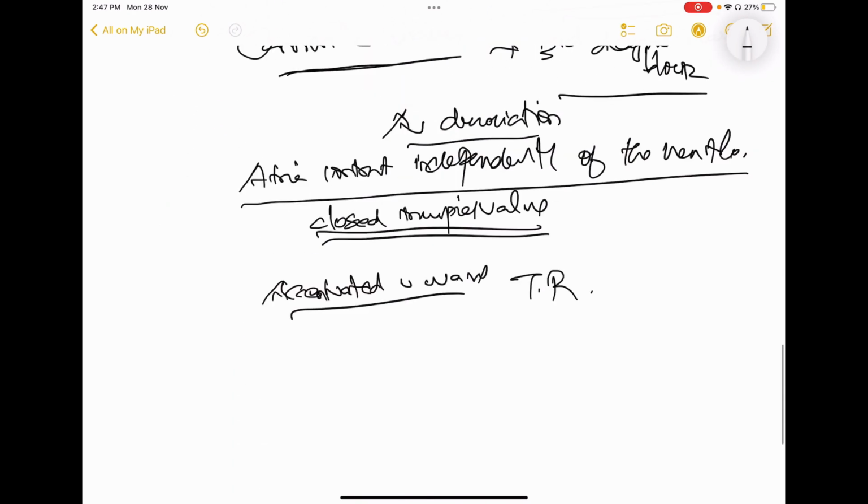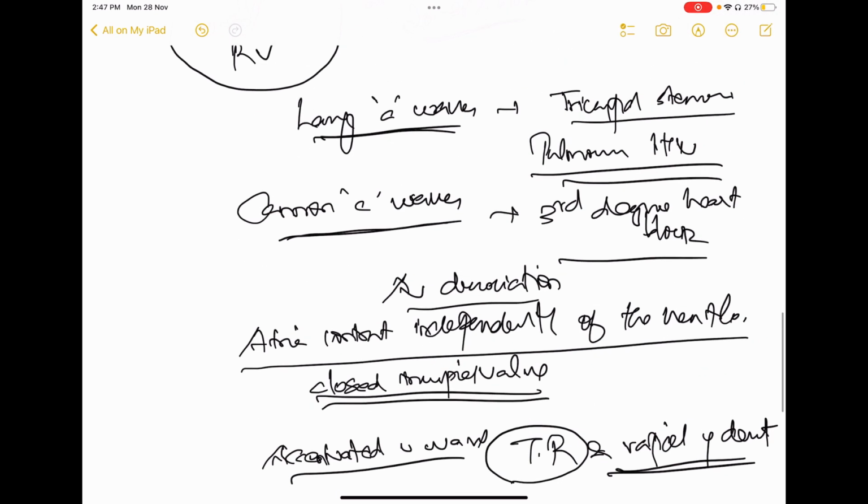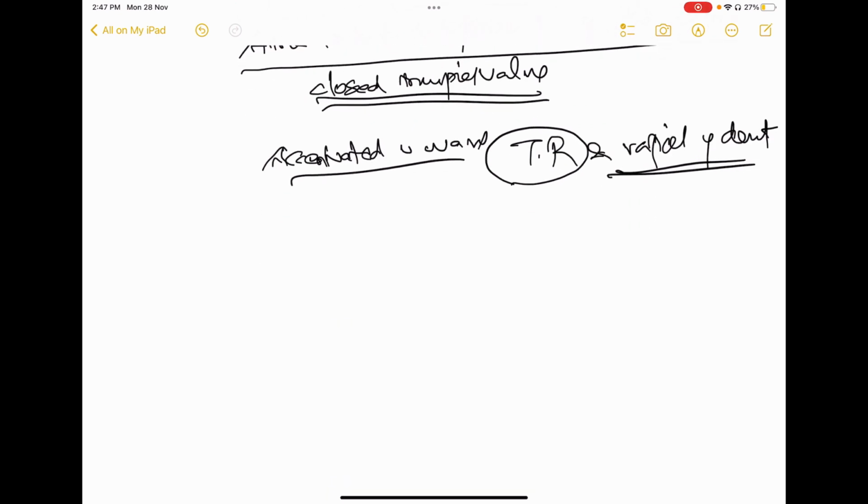So accentuated V wave and rapid Y descent are hallmarks of tricuspid regurgitation. So till now we've seen about large A waves, Canon A waves, accentuated V wave, and a rapid Y descent. Now we should see about certain conditions which cause a slow or prolonged Y descent.